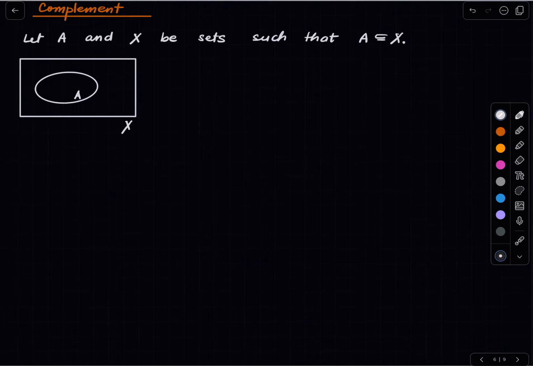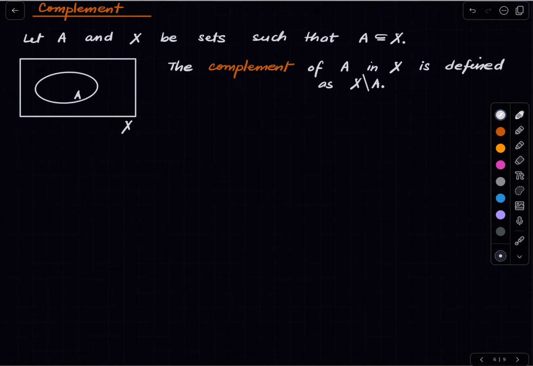So the complement of A in X is defined as just this set, X minus A. All the things which are in X but not in A. It's just a fork of the previous definition, or a derivative of the previous definition, but it is useful.